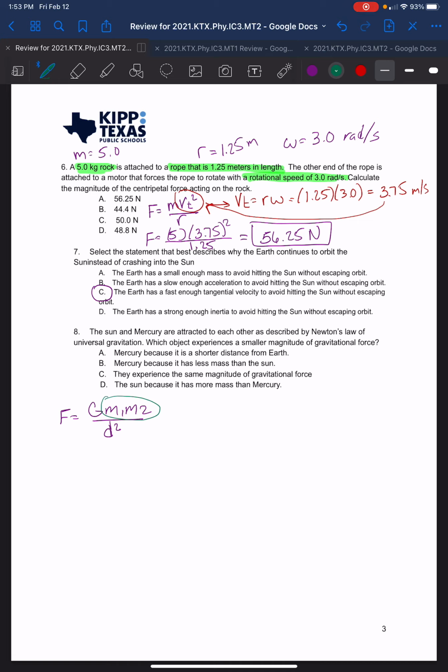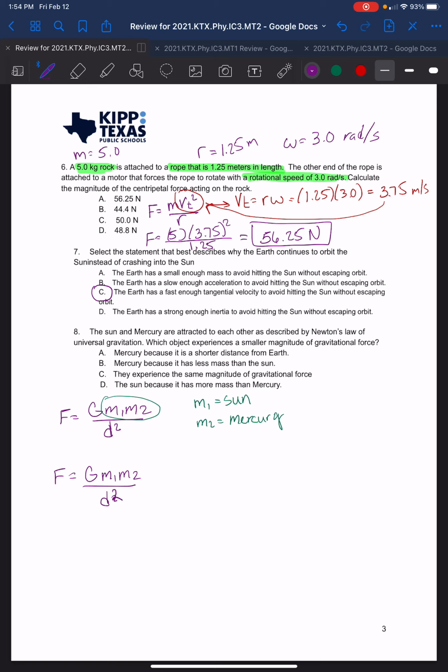How do I know that? Well, if I make M1 the sun, and I make M2 Mercury, and then I plug everything in, I get force is equal to G M1 times M2 divided by d squared.